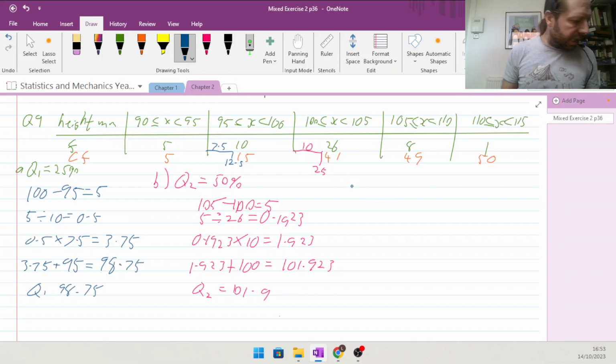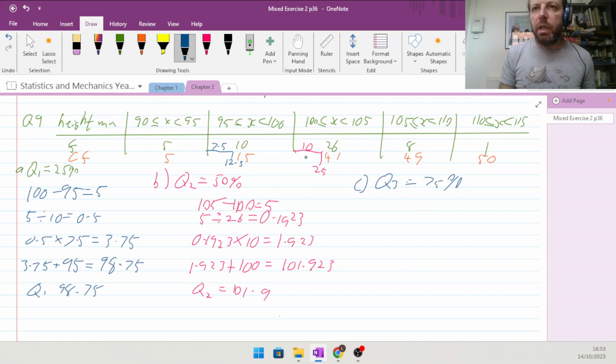Finally, part C of this question is find the interquartile range. To find it, I need to know what Q3 is so that I can take away Q1. Exactly the same again. Let's find Q3, 75%.